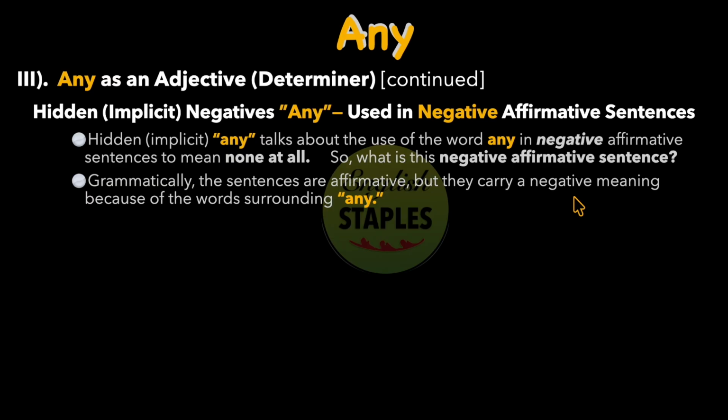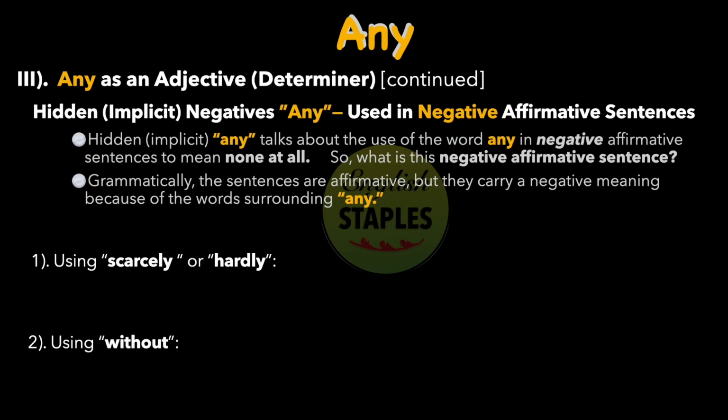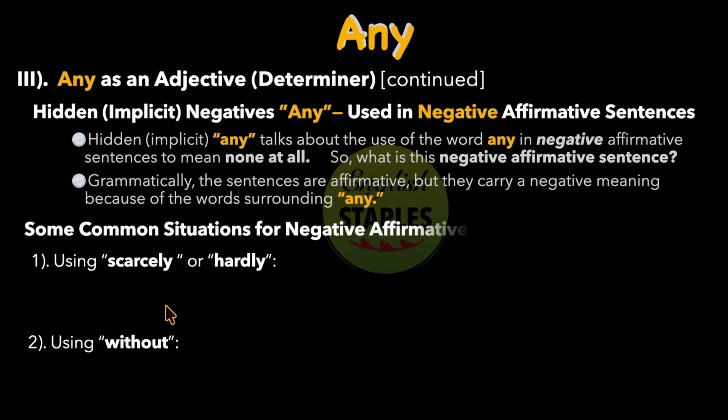Here, these sentences are also affirmative, but they have a negative meaning because of certain words that are being used alongside the word any. So let's look at those. Examples of these negative meaning words: scarcely, hardly, without. Let's see how they're used.